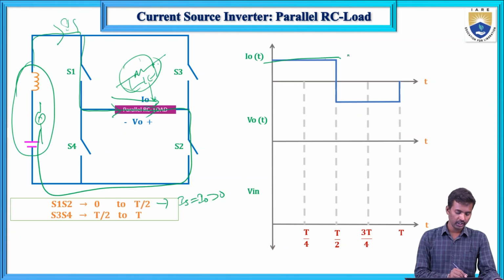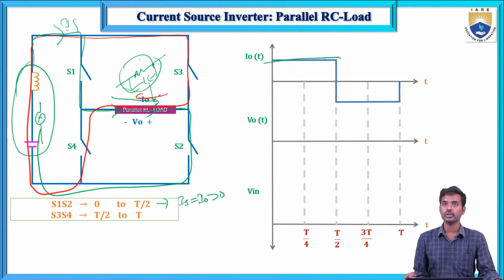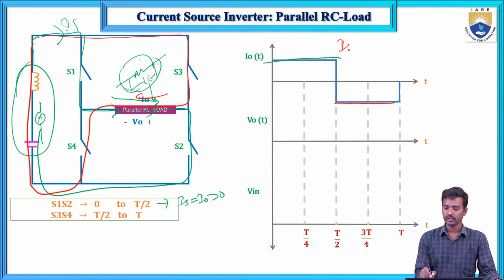And next, during the negative half cycle, S3 and S4 will conduct. So here this current direction is opposite to this IS, minus IS.